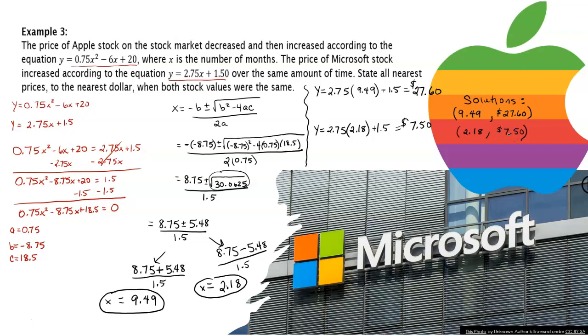So what this means is that after a little over nine and a half months, both prices were equal at $27.60, and after a little over 2 months, both prices were equal at $7.50.